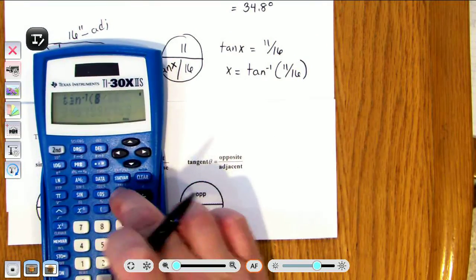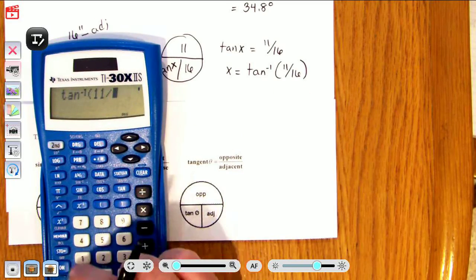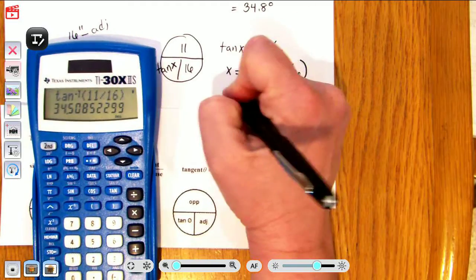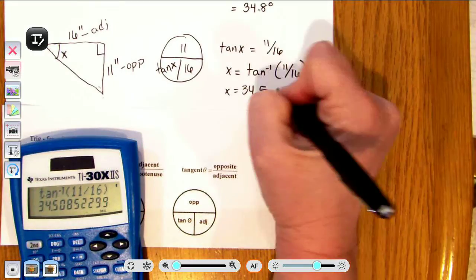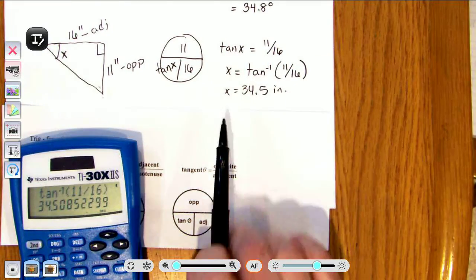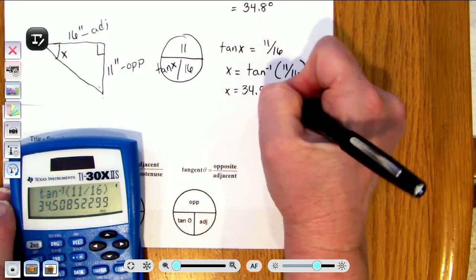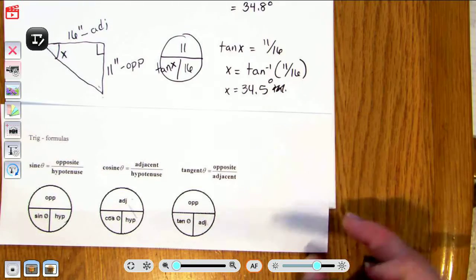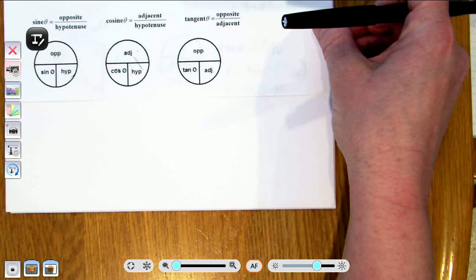Second function tangent, and then 11 divided by 16, parenthesis, equal, x is 34.5, and that would be inches. Notice, oh, never mind. No, it's not inches. What am I talking about? It's an angle, degrees. I make mistakes too. I always do. All right, let's do one more example.